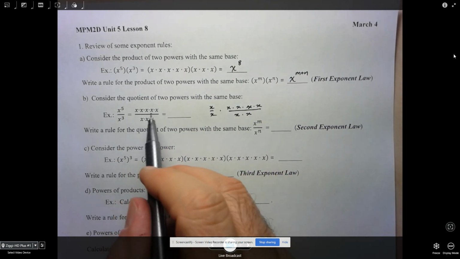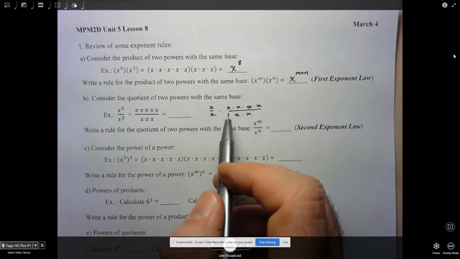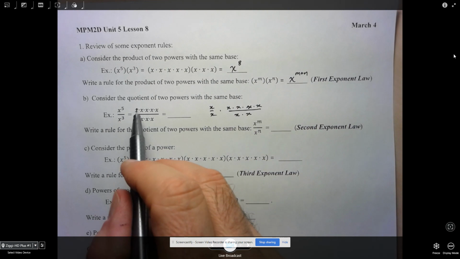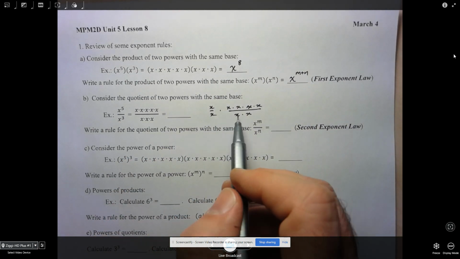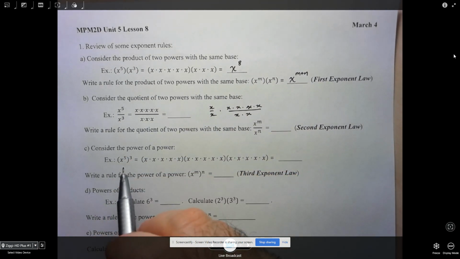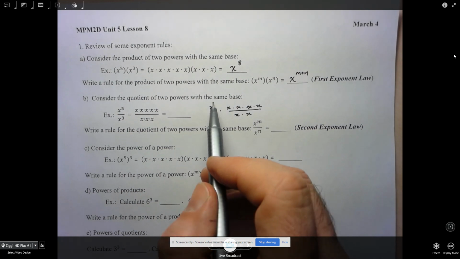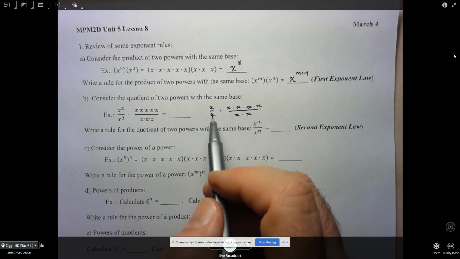This is equivalent, because how do we multiply fractions? We multiply the numerators, so that would give me the same numerator, and we multiply the denominators, which would give me the same denominator. But once I've got this expression here, x over x is just equal to 1.